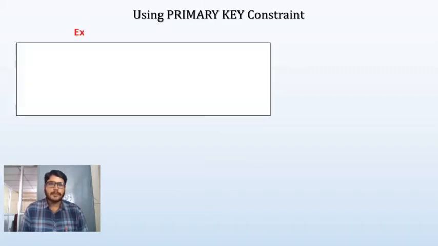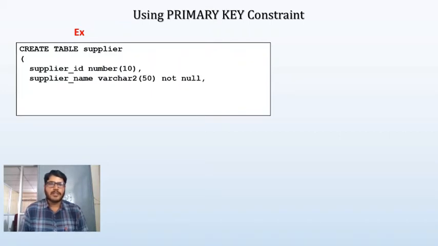Assume that I'm going to create a table called supplier. Supplier ID is the column name, supplier name, and contact name. Here, I want to define supplier ID as a primary key constraint, because if we are inserting a record for a supplier, then supplier ID is a must, and it must be a unique one.